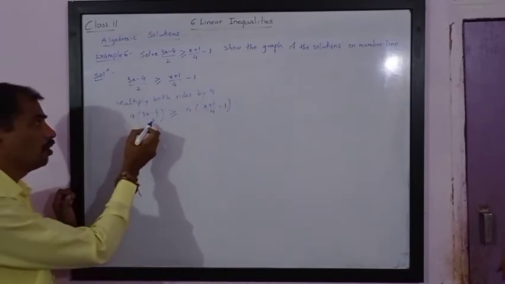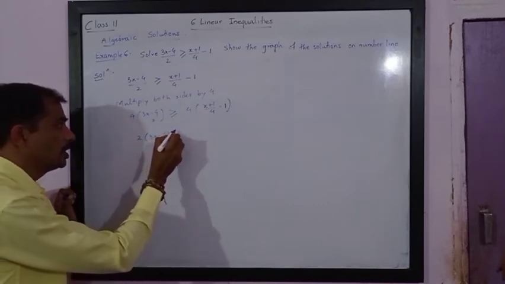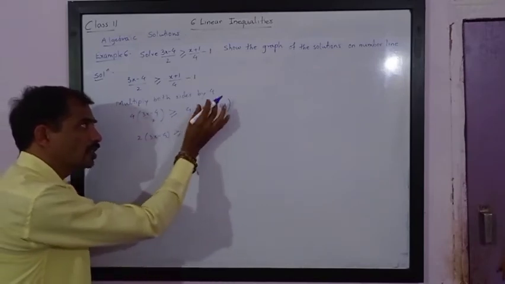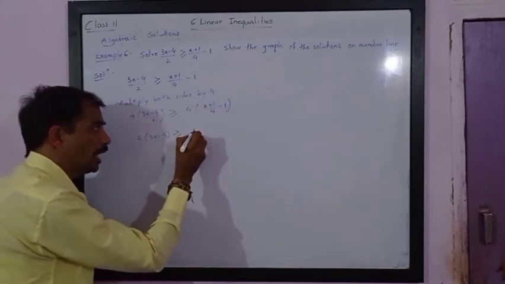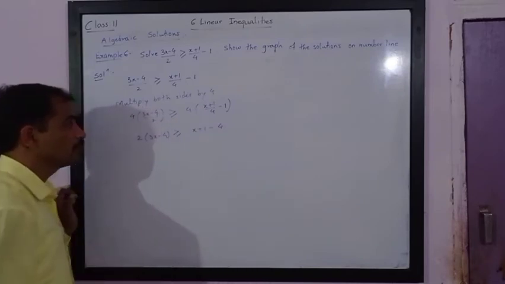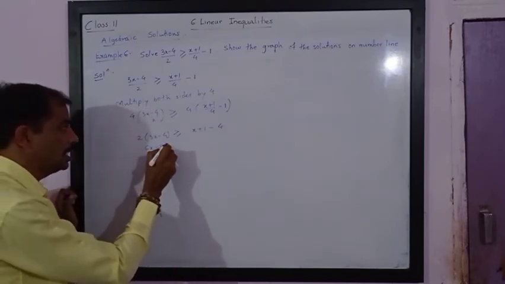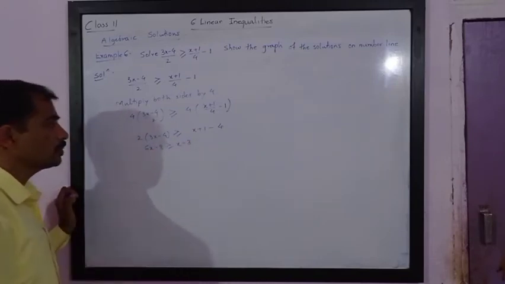So this will be 2 multiplied by (3x minus 4) is greater than or equal to, when we multiply by 4, the first term is this, you will get 4 eliminated, but this will remain. So you will get x plus 1 minus 4 ones are 4. So the left hand side will be 6x minus 8 is greater than or equal to x minus 3.